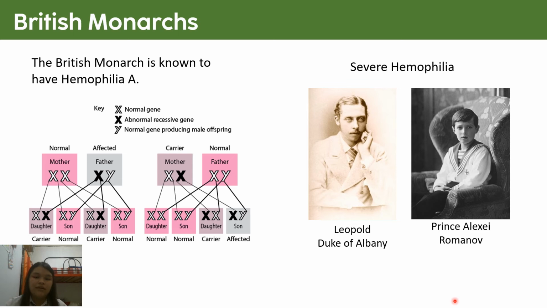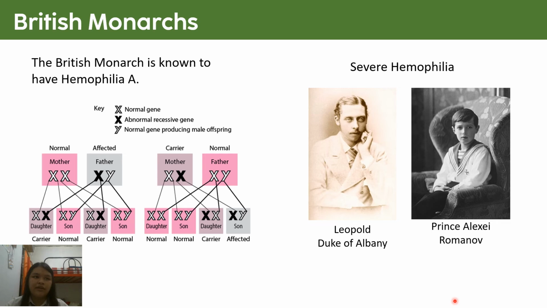So we will see the example for severe hemophilia A in the British Monarchs family. The first one is Leopold, Duke of Albany. He is the son of Queen Victoria, and Queen Victoria had a first cousin marriage, which is inbreeding too. And Leopold is the first one in the British Monarchs family to have severe symptoms of hemophilia.